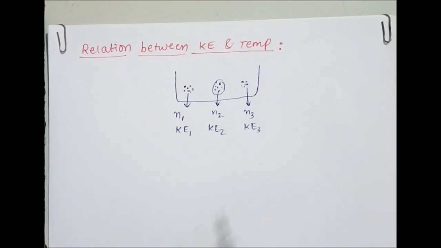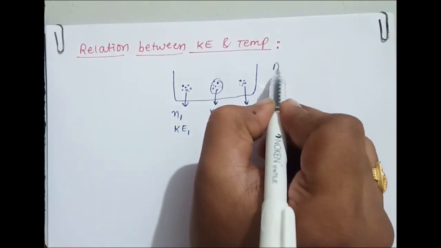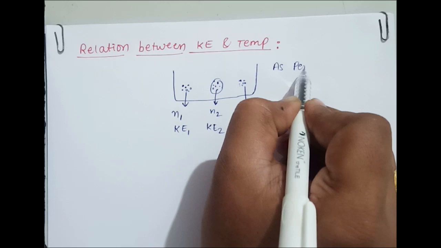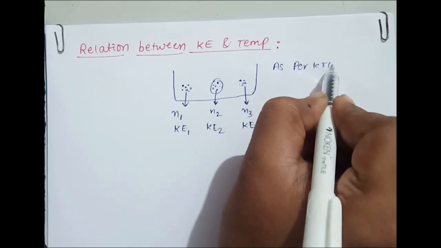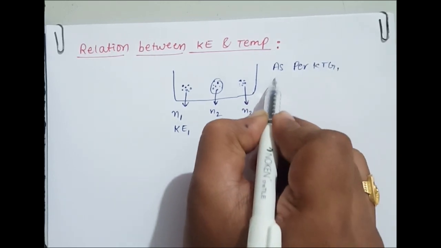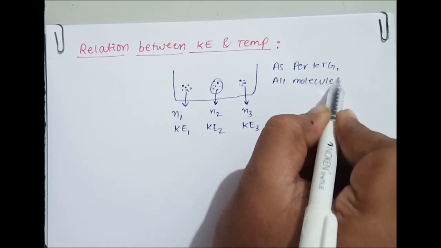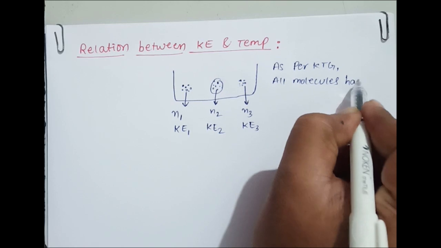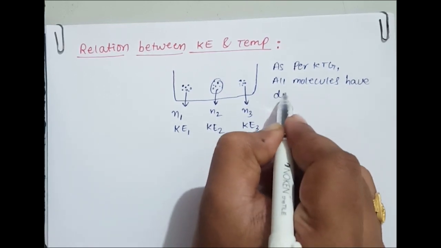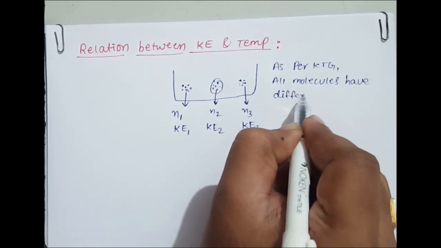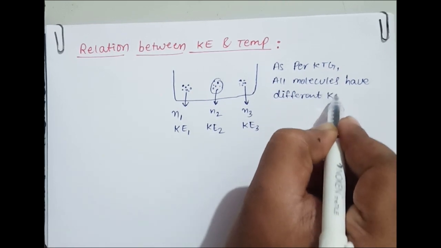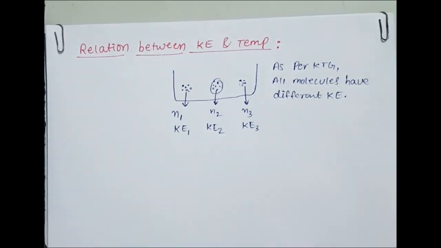This is what we are thinking, because as per the kinetic theory of gases, all molecules have different kinetic energy. So it is not necessary that all will have different.